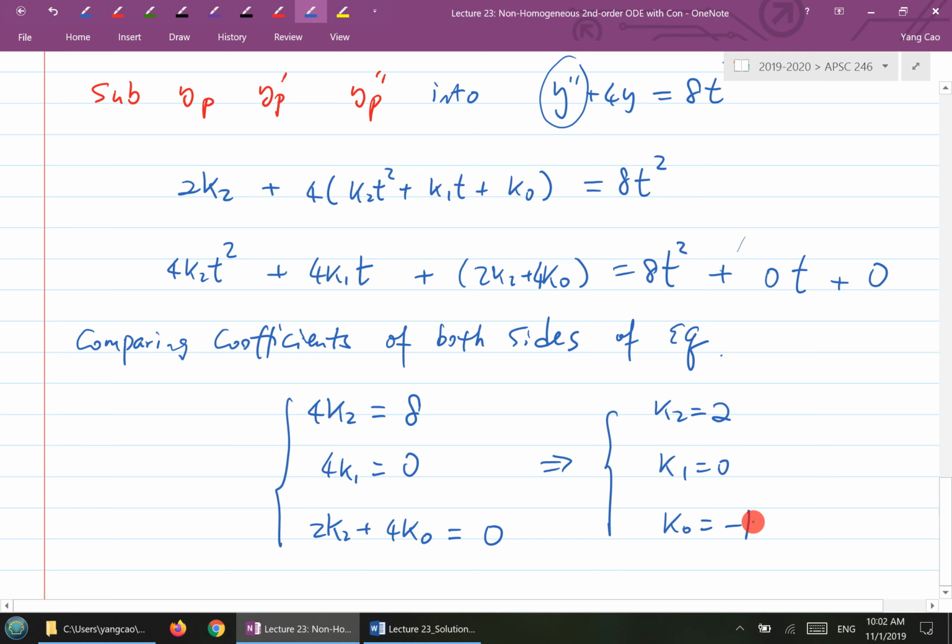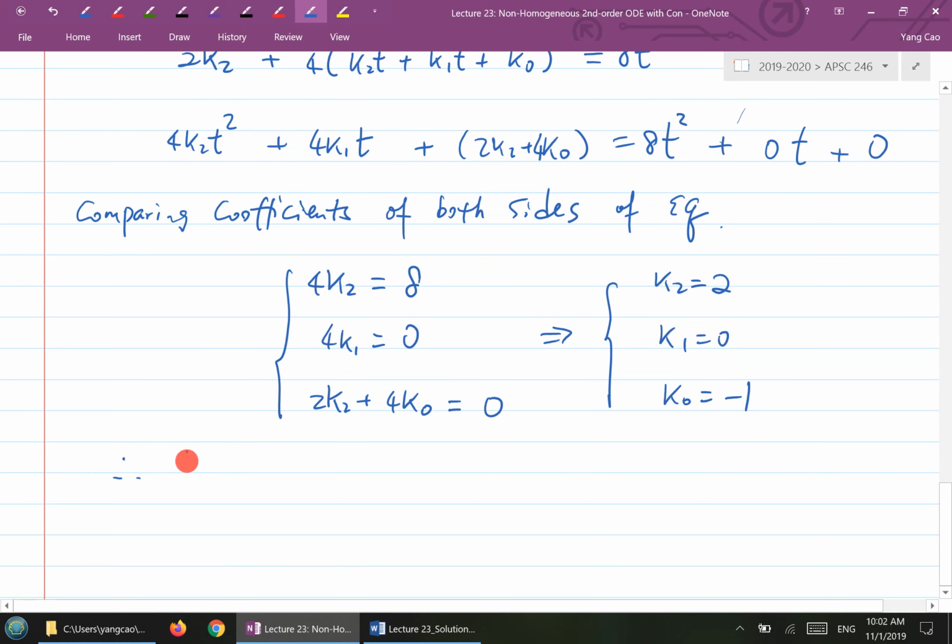Okay. This comparing coefficients is a very useful approach. I think when we learn Laplace transform, we'll use comparing coefficients again. So therefore, your particular solution yp equal to 2t squared minus 1.